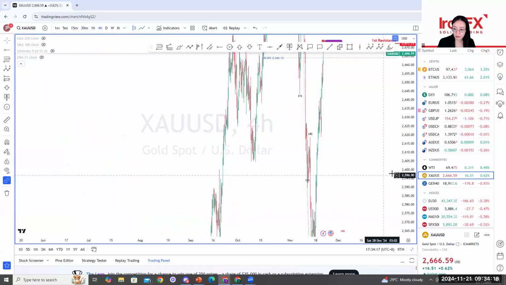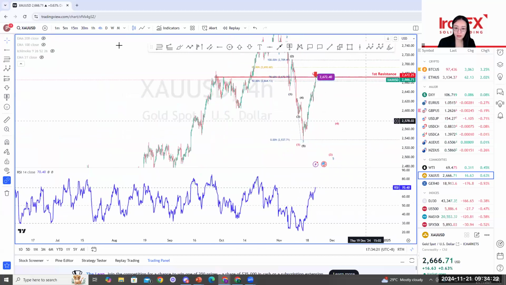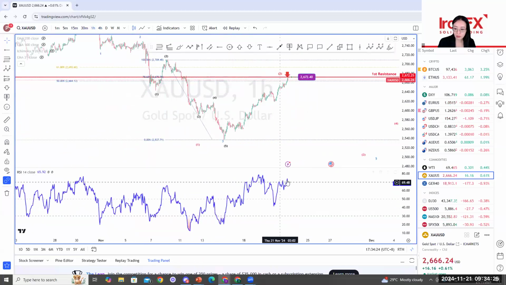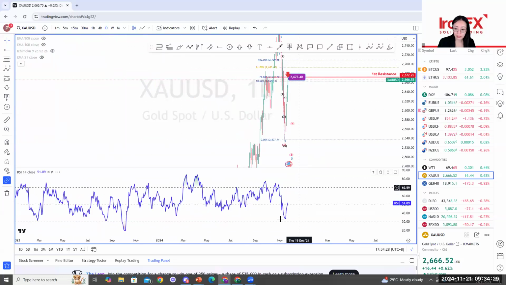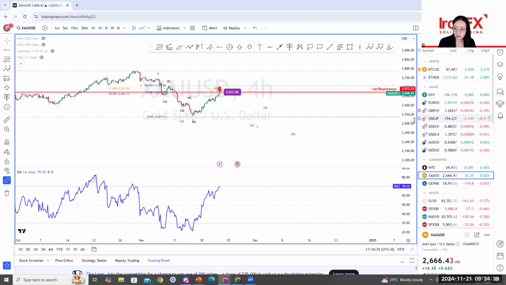Maybe we look at the RSI as well. It's about 70 in the H4 time frame. Okay, H1 is already overbought. But if you look at daily, it can still rise even more. So price will pull back and then rise. Okay.